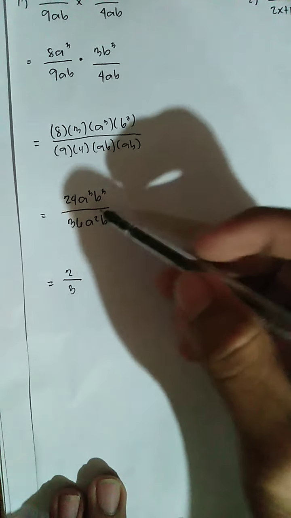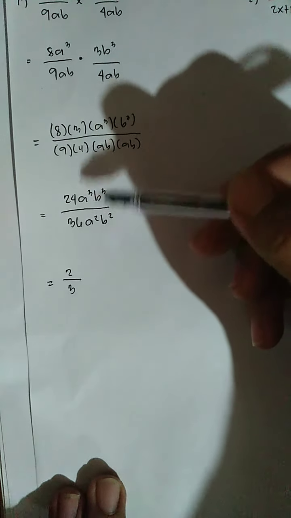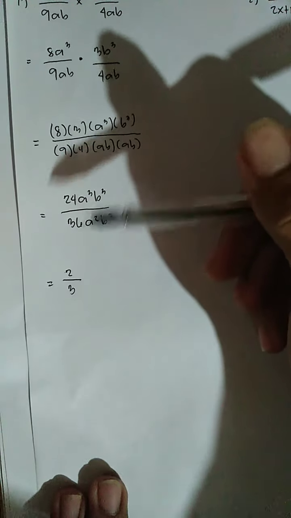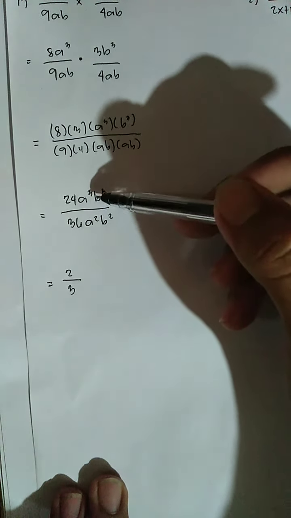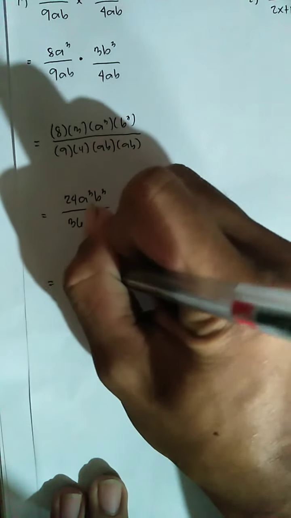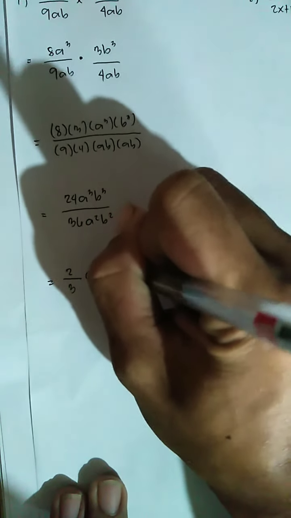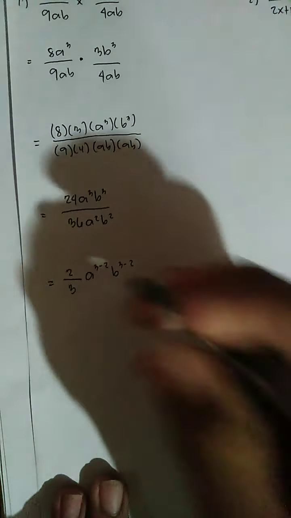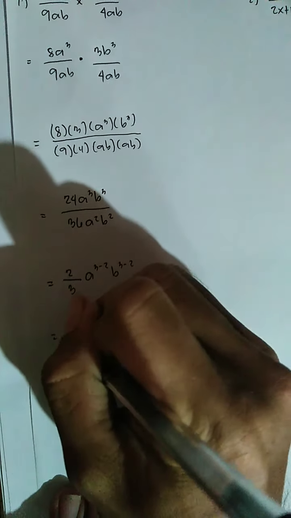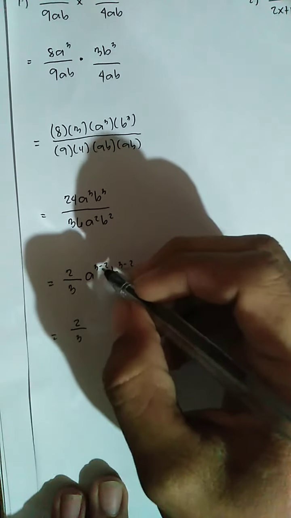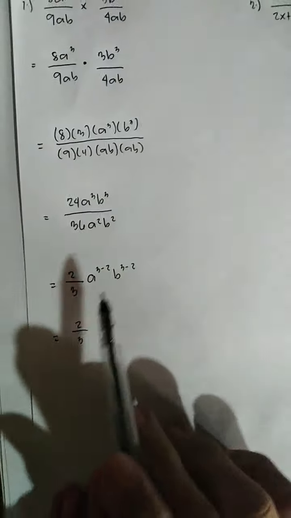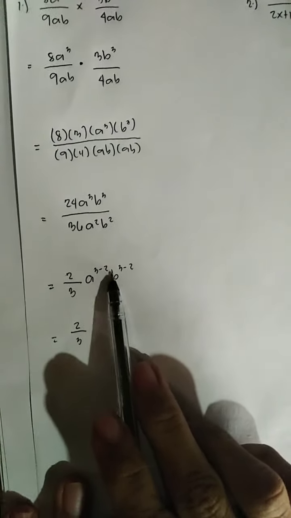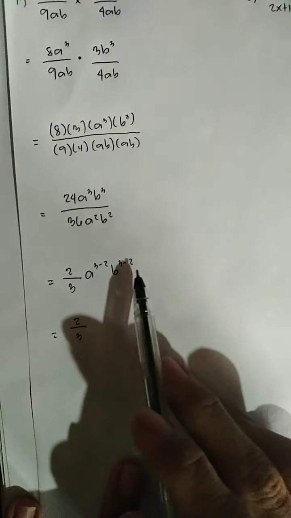Now for the variables, I hope you already have basic knowledge of this. In dividing variables with the same base, just simply subtract their exponents. So you will say a to the power of 3 minus 2, and b to the power of 3 minus 2, right? Then let us simplify. 2/3 times a to the power of 3 minus 2, then b to the power of 3 minus 2.